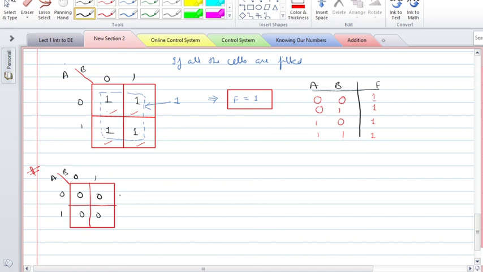So in this case, this type of function is a null function and this will be 0. In this particular case, your function will always be 0, or you can say that the function has 0 for all the possible combinations, like this.